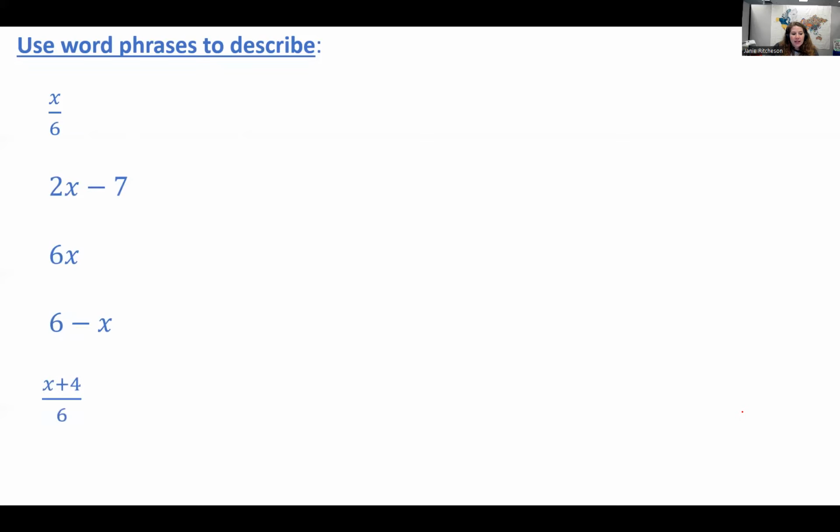There's more than that, right? The quantity of x plus 4 divided by 6, or the quotient of x plus 4 and 6. And of course, there's different ways to say this, right? So we could say 3 times the quantity 40 minus x.